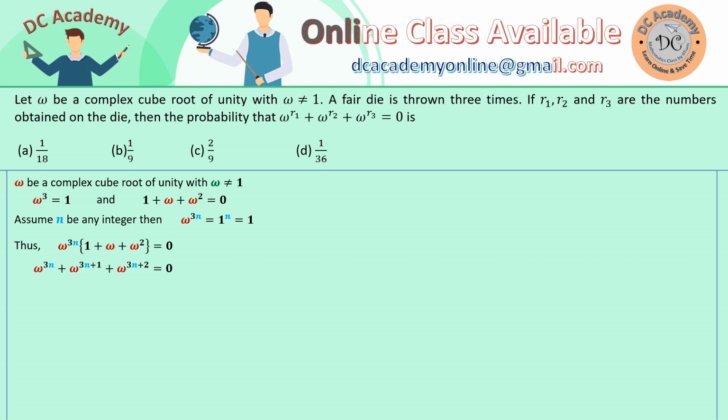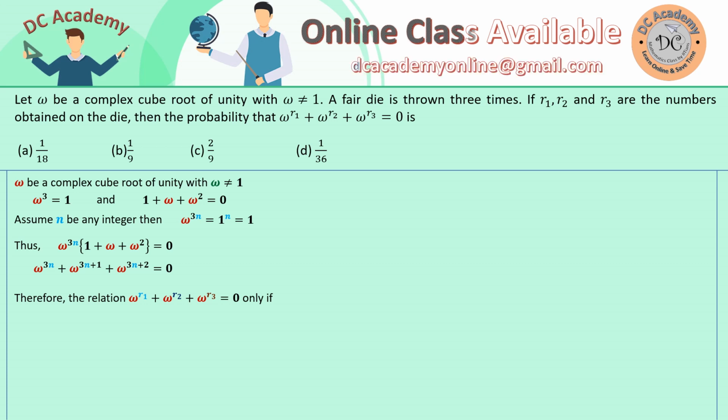So we may conclude from here that if omega to the power r1 plus omega to the power r2 plus omega to the power r3 is 0, then r1, r2, r3 must be chosen in this form: r1 may be 3n, r2 may be 3n plus 1, and r3 is 3n plus 2.